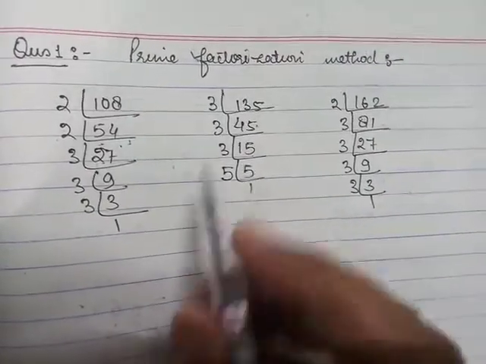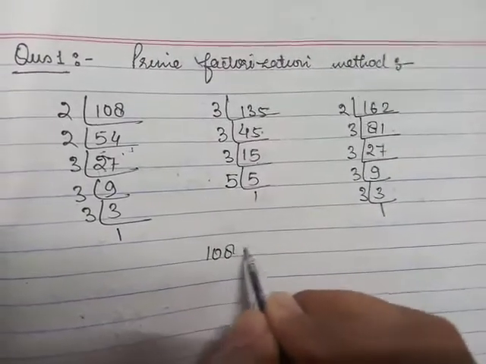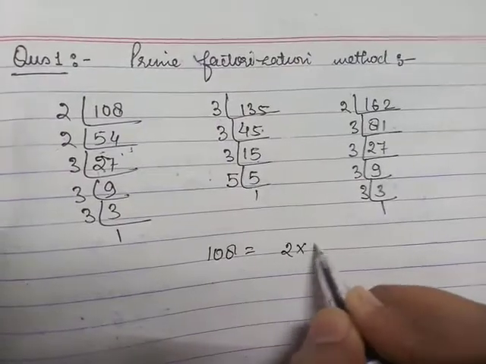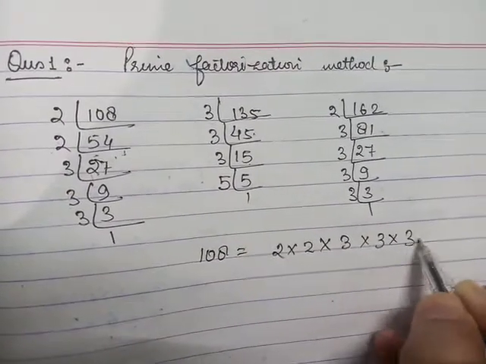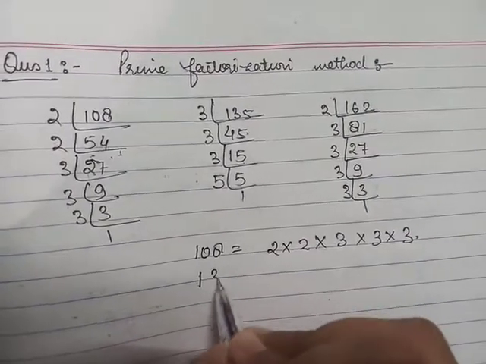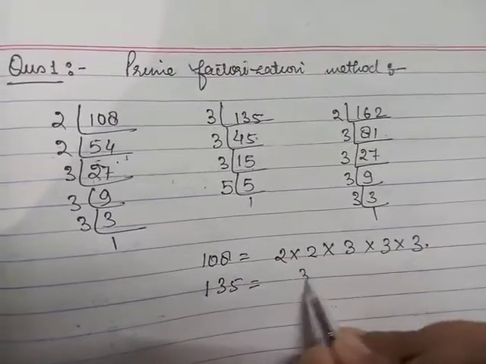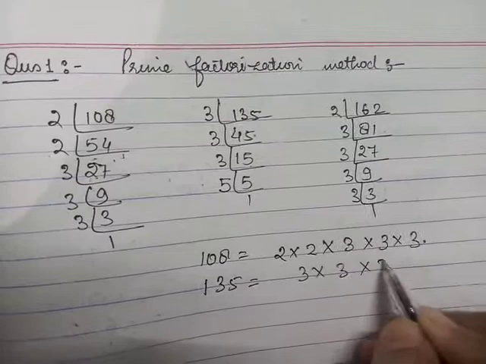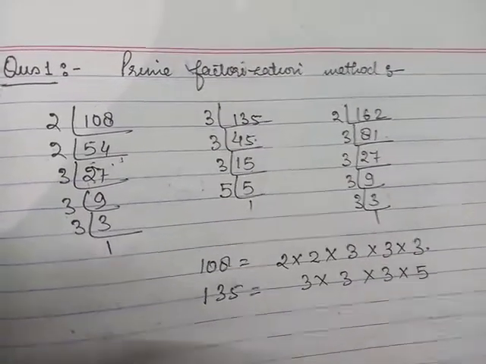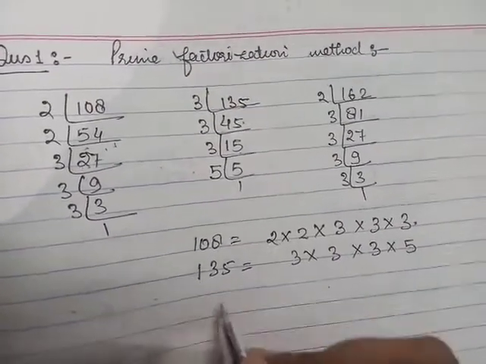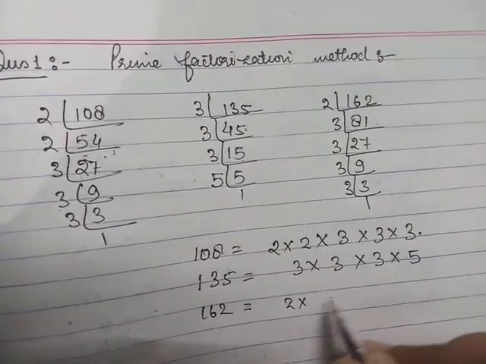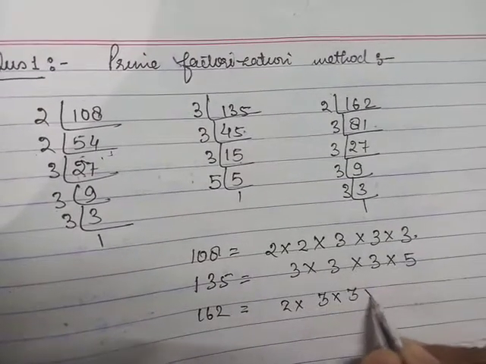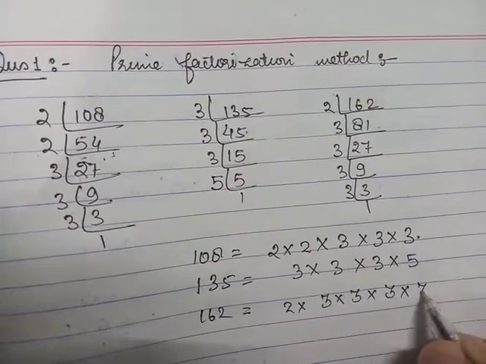Now 108, its factors are 2 multiply 2 multiply 3 multiply 3 multiply 3. Now 135, we have 3 multiply 3 multiply 3 multiply 5. And 162, we have 2 multiply 3 multiply 3 multiply 3 multiply 3.